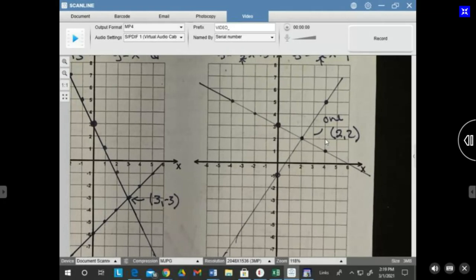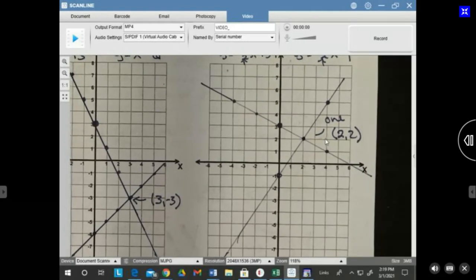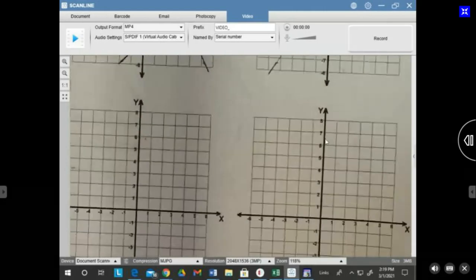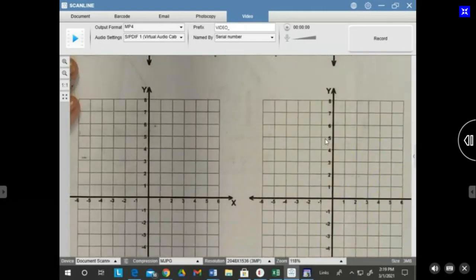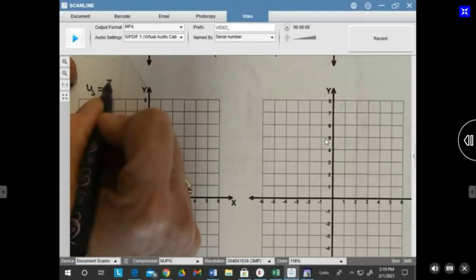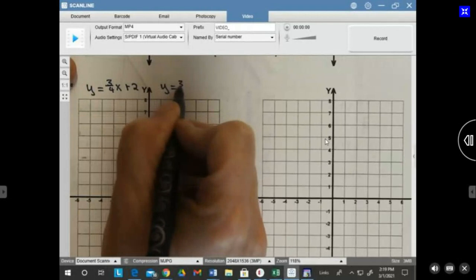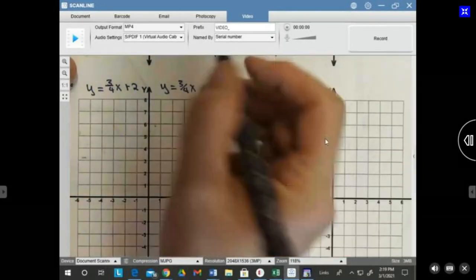When it comes to the graphing, I use a lot of Desmos. We're going to try y equals 3/4 x plus 2 and y equals 3/4 x minus 3.